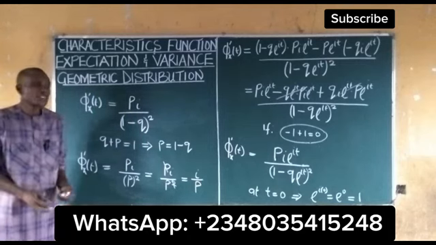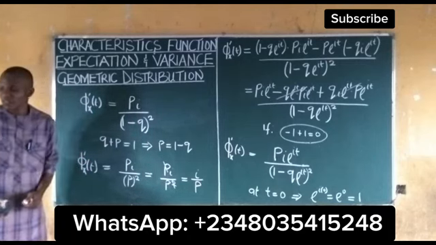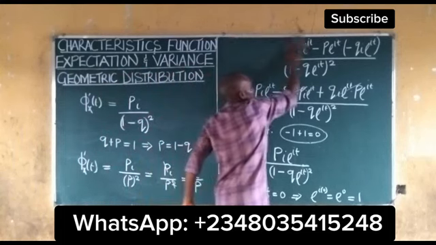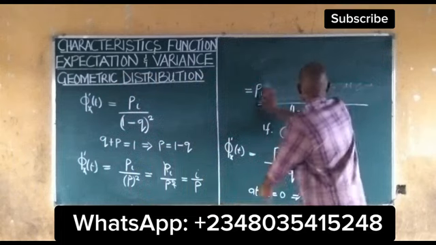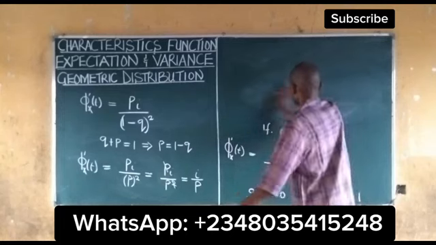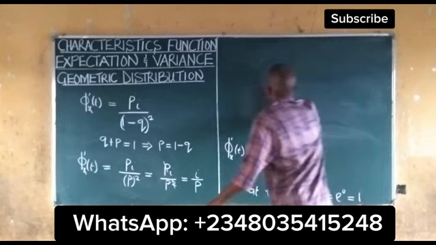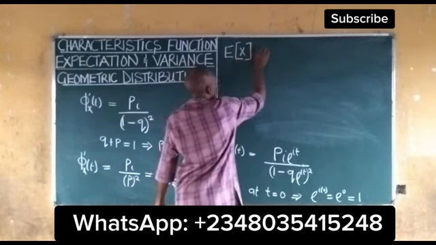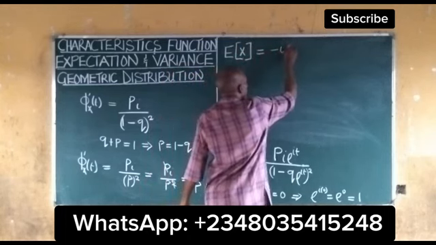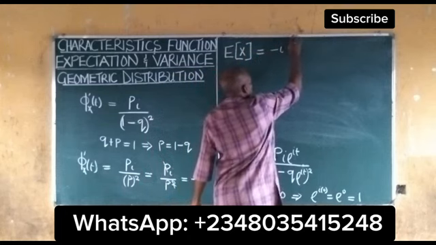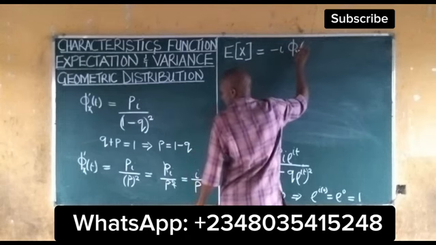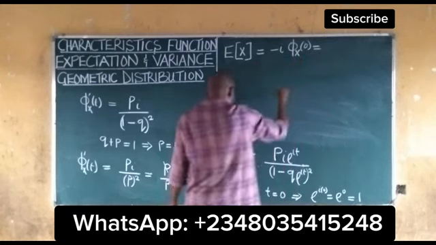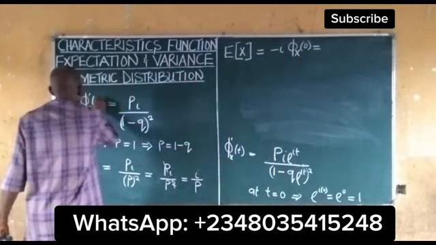So we can now write the expected value of x, which is equal to negative i times the first derivative of the characteristic function at t equal to 0.